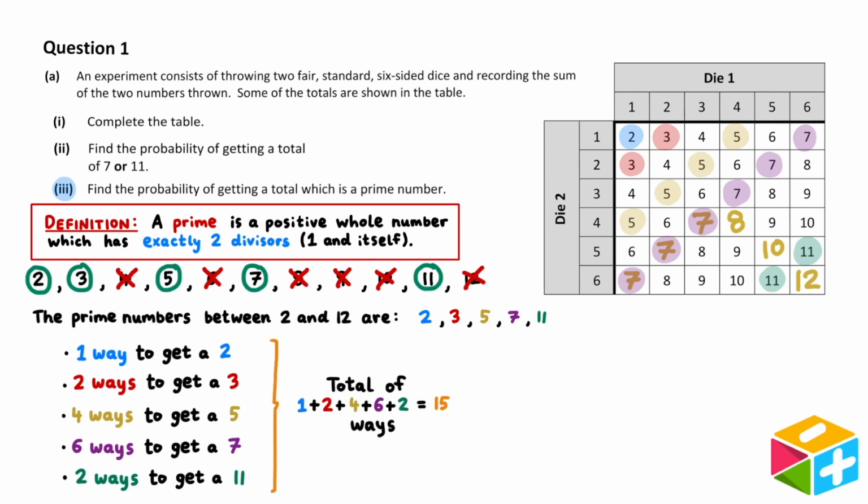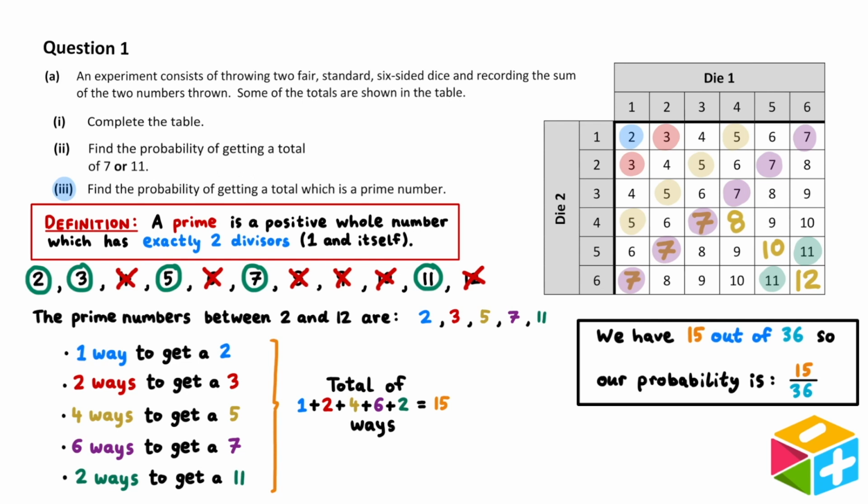Adding all these up gives us a total of 15 ways to get a prime number. As we saw previously, there's 36 entries in the table. 15 out of these 36 are prime numbers, so our probability is 15 over 36.